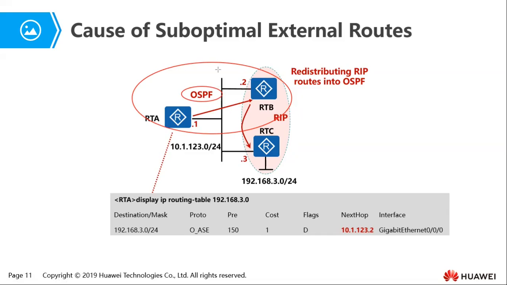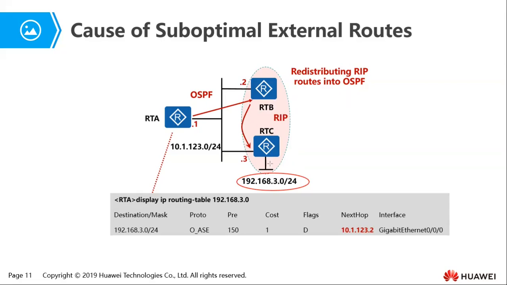So look here. Now, how will RTA learn about RTC's network, the network that has been attached on RTC? It can only learn about it through RTB, because RTB already knows about that network since they're exchanging routes with RTC using RIP.